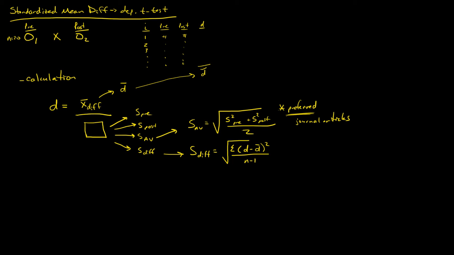This looks very similar to our variance. If you remember, to get the standard deviation you take the square root of the sum of the x minus x bars squared divided by n minus 1. So very similar. Anyways, this is the one that we'll use.